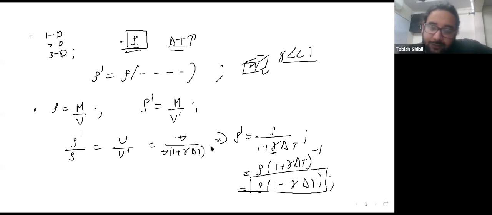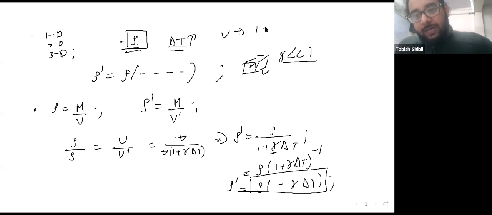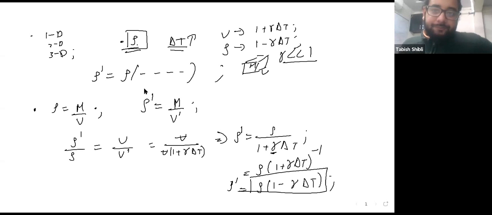Make sense? So essentially, rho dash is equal to rho times 1 minus gamma delta t rather than a plus. So volume goes up as 1 plus gamma delta t, and the density goes down as 1 minus gamma delta t. Clear, everyone?